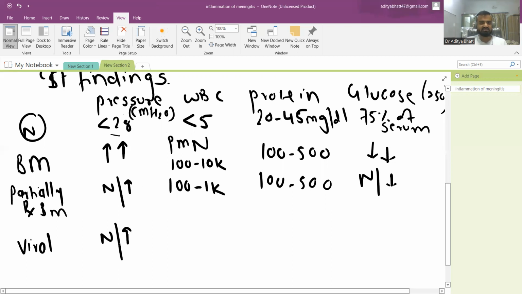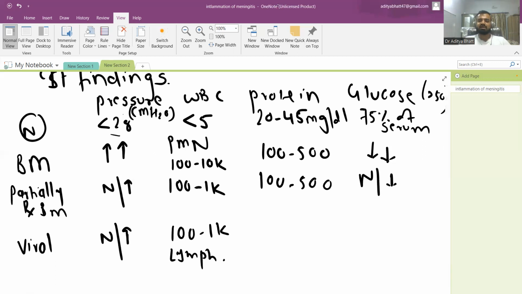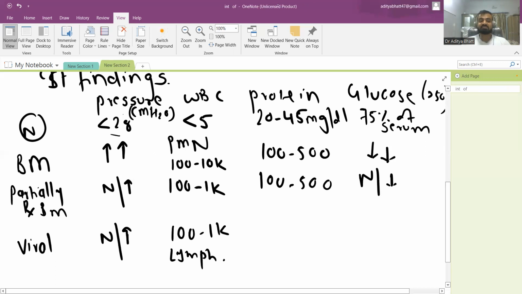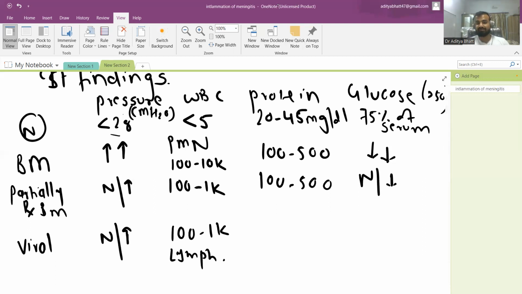For this, the pressure is mildly increased and the cells are between 100 to 1000 again, but lymphocyte predominant. There are only a couple of examples in which the WBC count may be more than 10,000 in viral, and that is lymphocytic choriomeningitis.